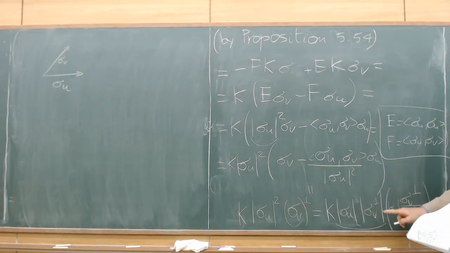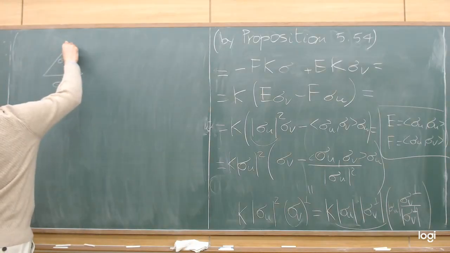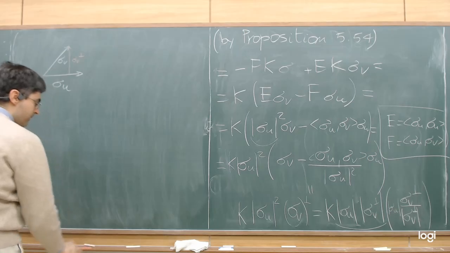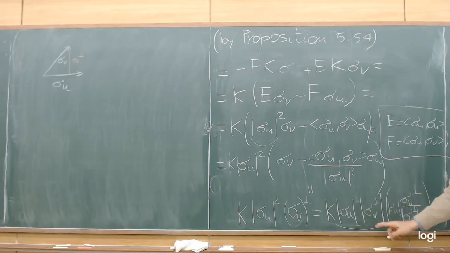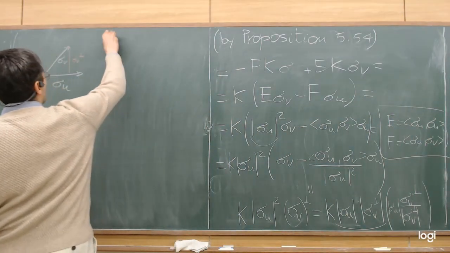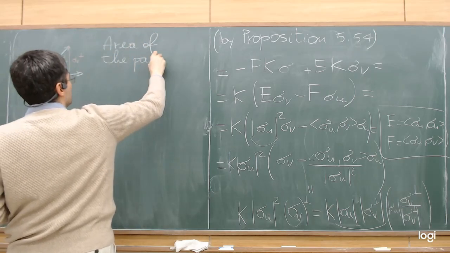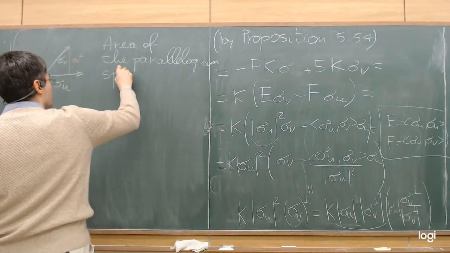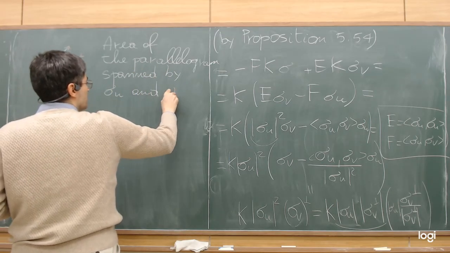Then sigma v orthogonal length is the length of this vector, and the product of these two numbers is nothing but the area of the parallelogram spanned by sigma u and sigma v.